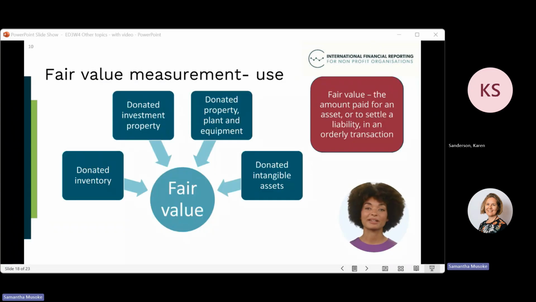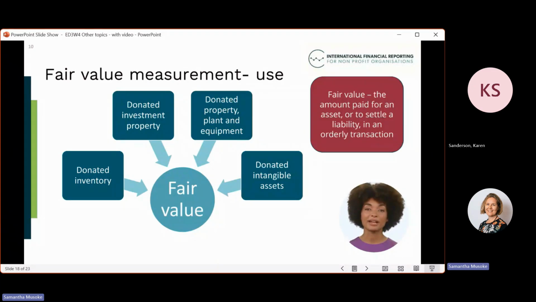Section 12 provides guidance on how to measure assets and liabilities using fair value. In essence, fair value is the estimated price at which a good, service, or asset is bought or sold when the buyer and seller freely agree on a price. It is a rational and unbiased estimate that takes account of factors like the replacement cost and supply and demand. These steps create what is referred to as an orderly transaction. Fair value can also be used to estimate the amount needed to settle a liability.